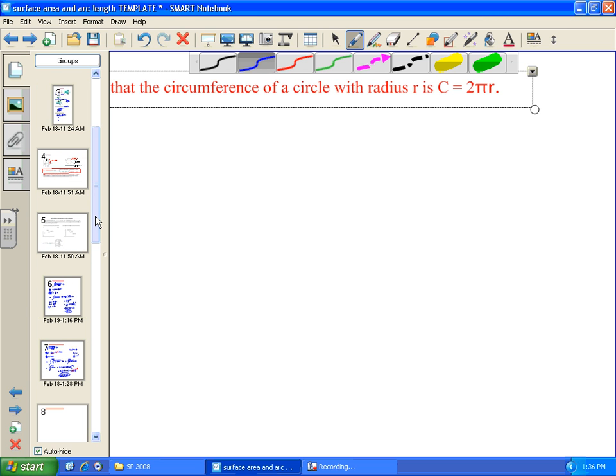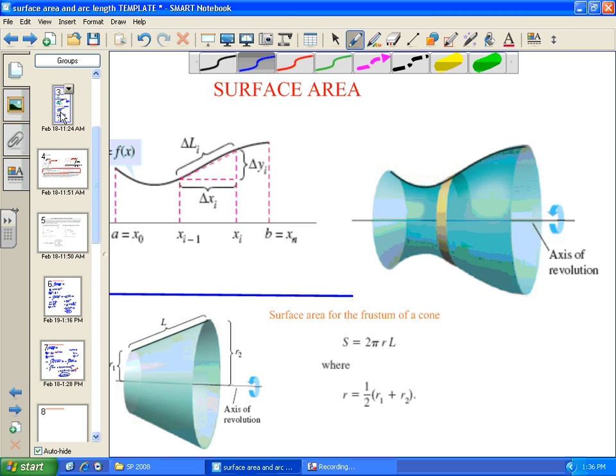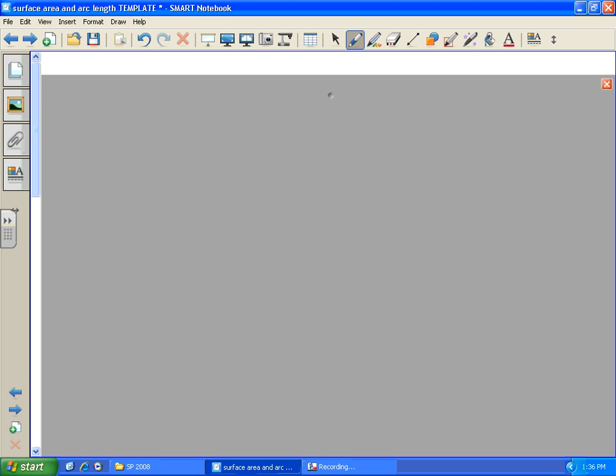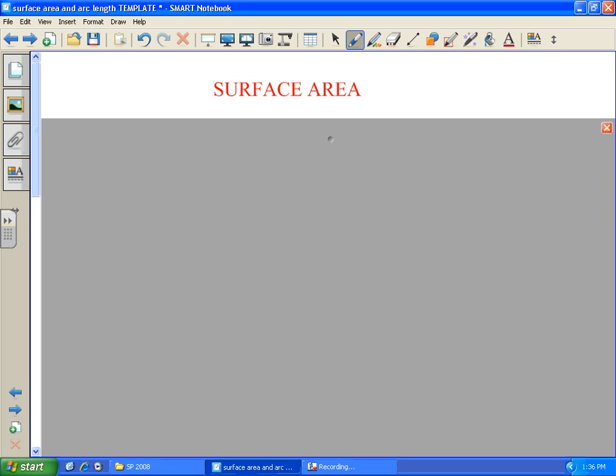Okay, now let's go back to the surface area theory. So we can derive a formula there. Okay, surface area. First I'd like to do a demonstration actually.